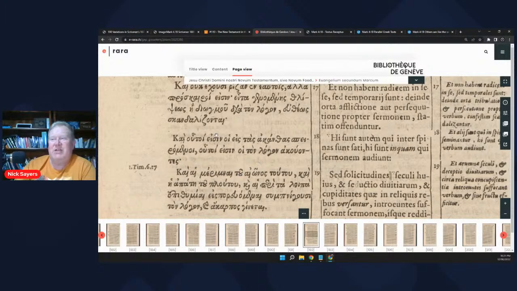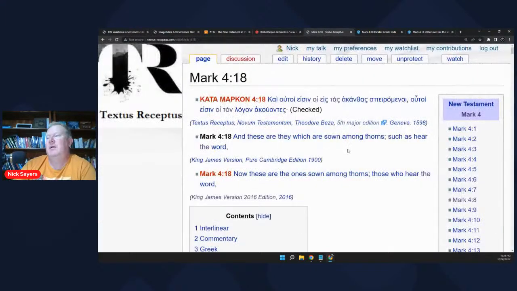In the King James, because it already has the ki oti esin at the beginning here, where it has these are, they've just made that the word such or such as. So as we can see here, such as hear the word.